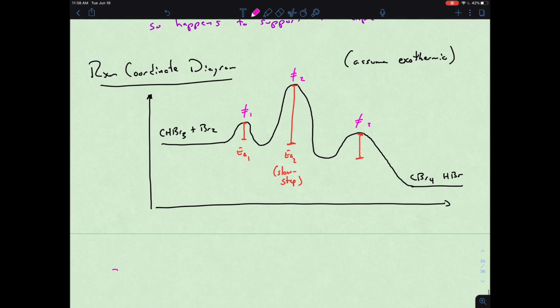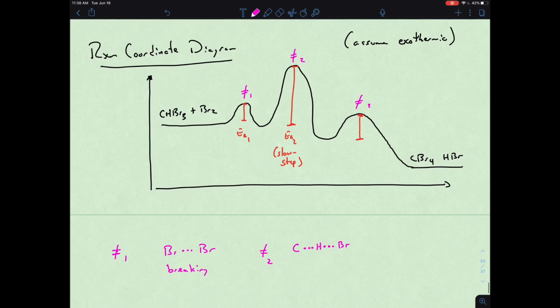For our transition state 1, we were breaking the bromine-bromine bond. Transition state 2, we were really doing an abstraction. It's kind of a weird looking transition state, I guess, where you have the hydrogen interacting with the bromine. Don't worry, just so we recognize there are 3 transition states.